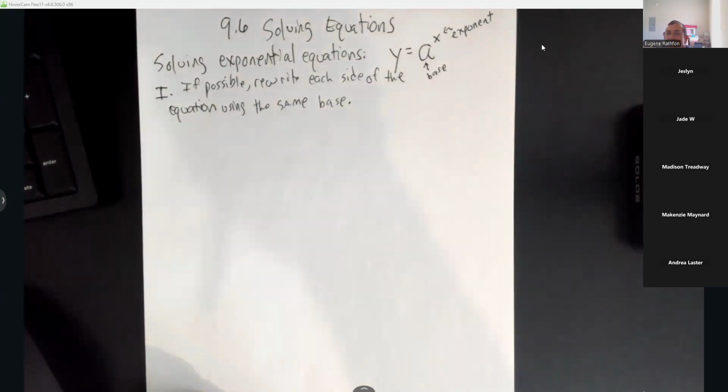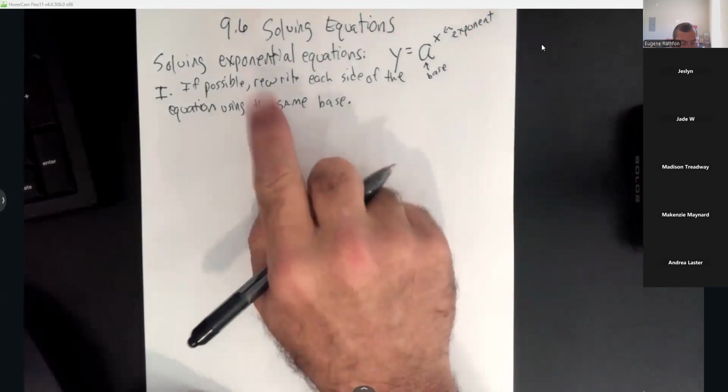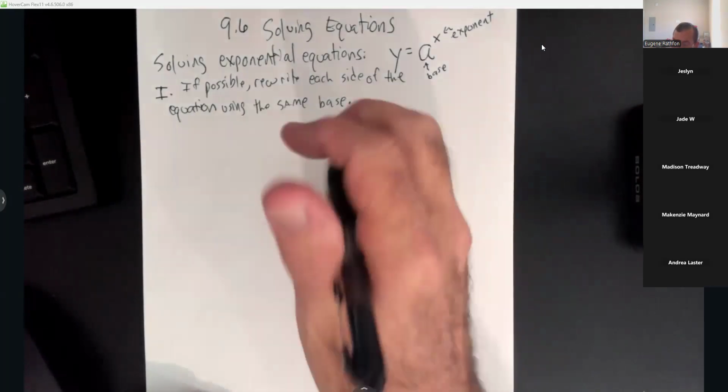Okay, so if I got something like 2 to the x equals 8, I'm going to try to rewrite the 8 with a base of 2 raised to an exponent. And y'all, I'll show y'all that when we get to a problem.